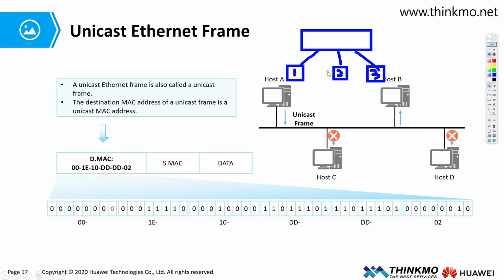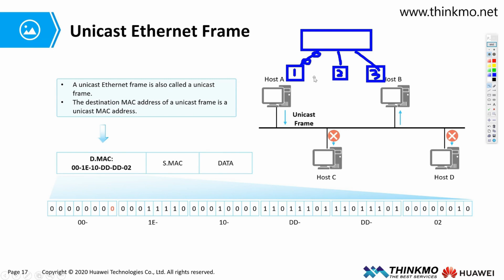Each device has a MAC address, and for our device interfaces and network cards, all the MAC addresses in use are unicast MAC addresses. This means the MAC addresses configured on the network card are all unicast MACs. There won't be any multicast or broadcast.